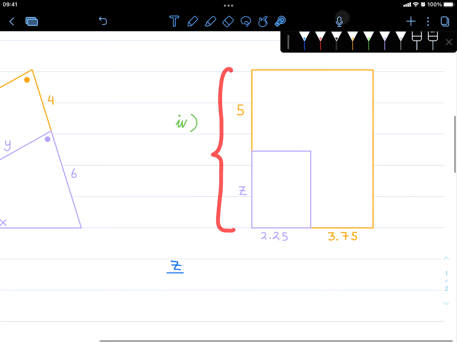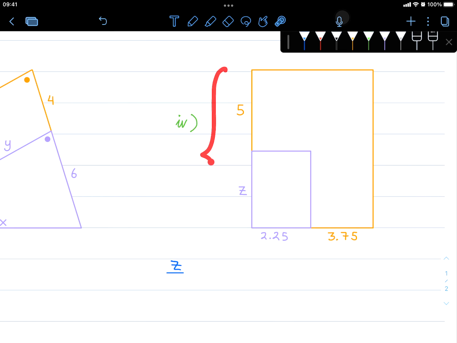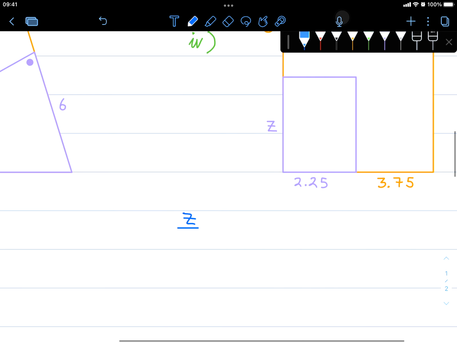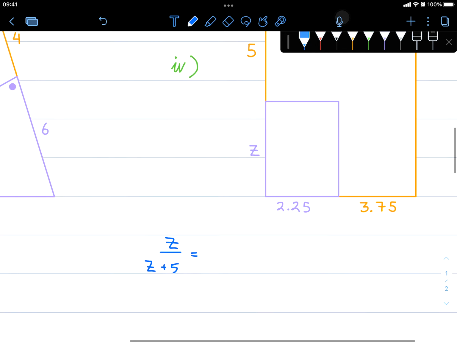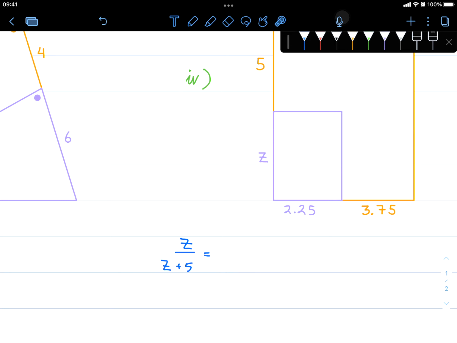Okay, well, this is going to be a little bit trickier now because it's going to be Z plus 5. So we need the entire length shown here. So it's going to be Z plus 5 is equal to, since we have purple on the top, we need to find another number in the purple shape.